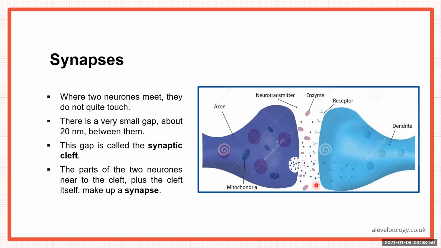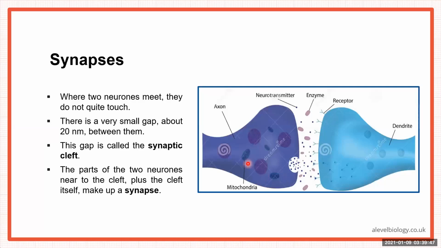These three things together: this part of the axon, which we call the presynaptic membrane, this synaptic cleft, the gap between them, and then this one for the second neuron, which we call the postsynaptic membrane, after the synapse. These three together, the part of the two neurons near the cleft plus the cleft, is what we call a synapse. Clear?